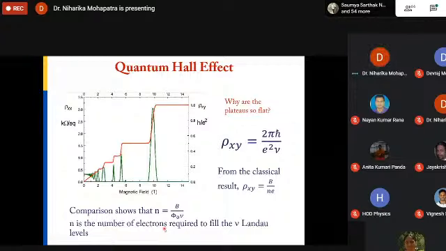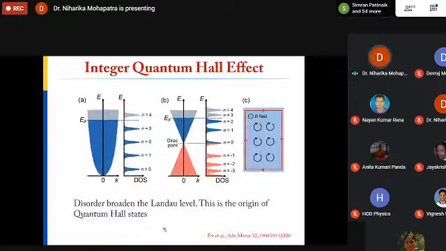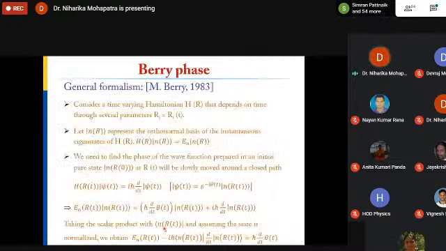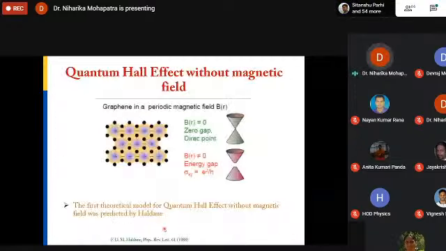So here the question comes: can we observe this effect even without the magnetic field? And the answer is yes. The first theoretical prediction was given by Haldane in a graphene lattice.